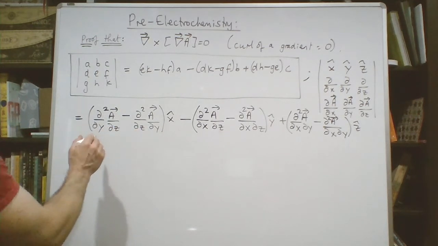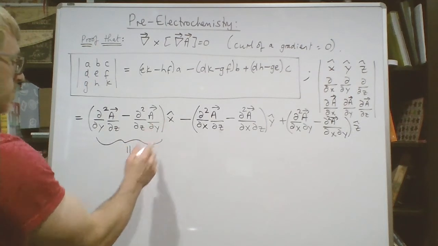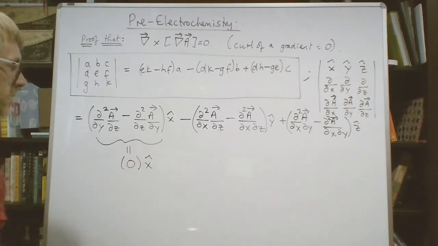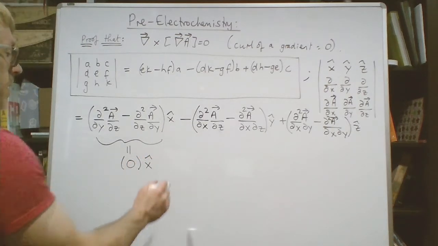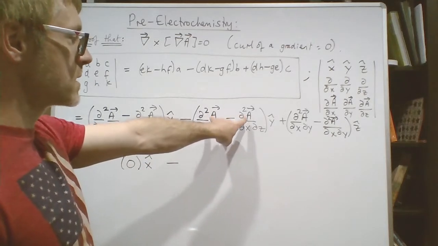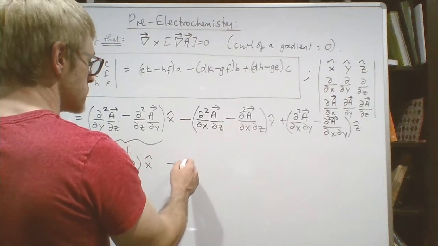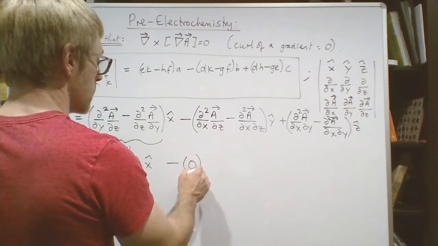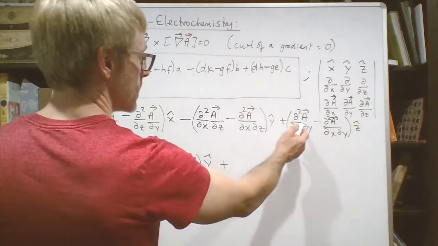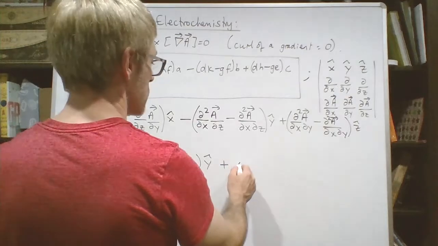So if we look at that first term, that equals 0 multiplied by our unit vector x roof, minus, likewise, the numerators are the same, the denominators are the same. We've got a plus and a minus, so that's 0 y roof.